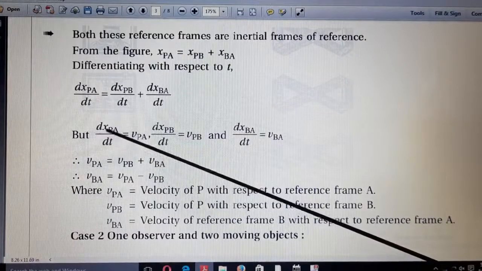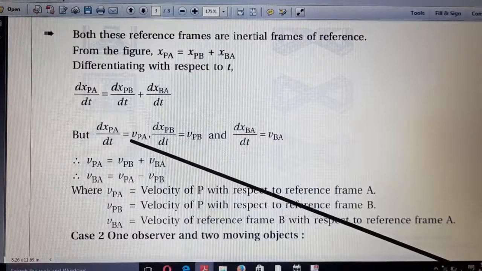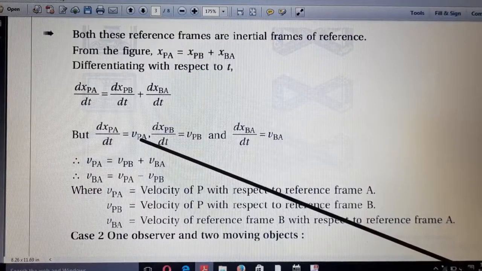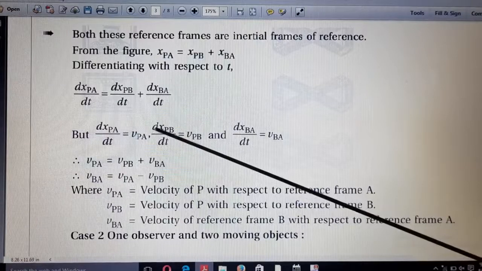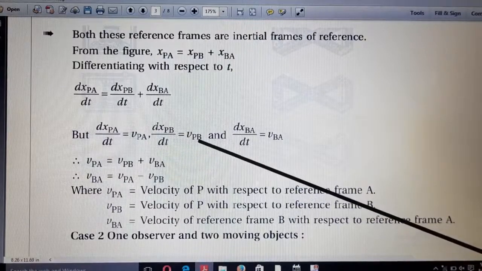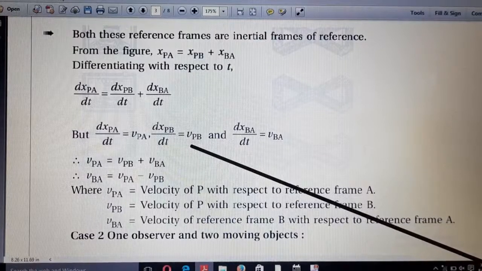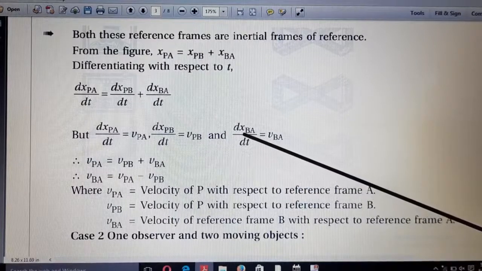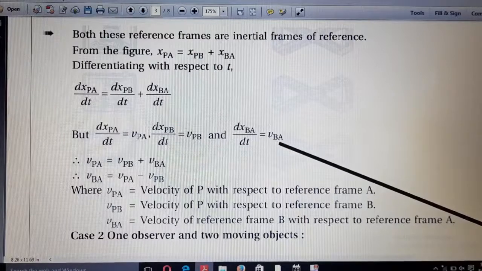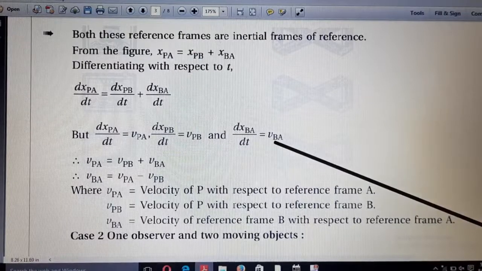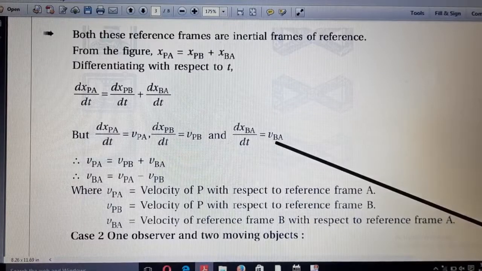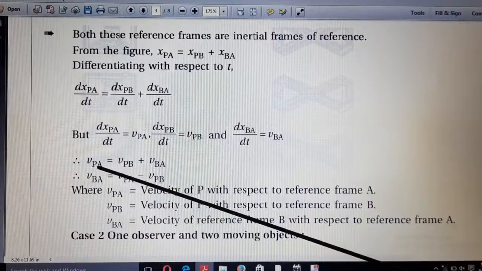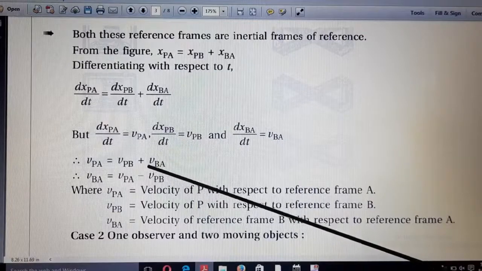So dXPA upon dt is equal to VPA, means VPA is the velocity of particle P with respect to A. dXPB upon dt is equal to VPB, means velocity of particle P with respect to reference frame B. Same way, dXBA upon dt is equal to VBA, means velocity of reference frame B with respect to reference frame A. So we can write VPA is equal to VPB plus VBA.